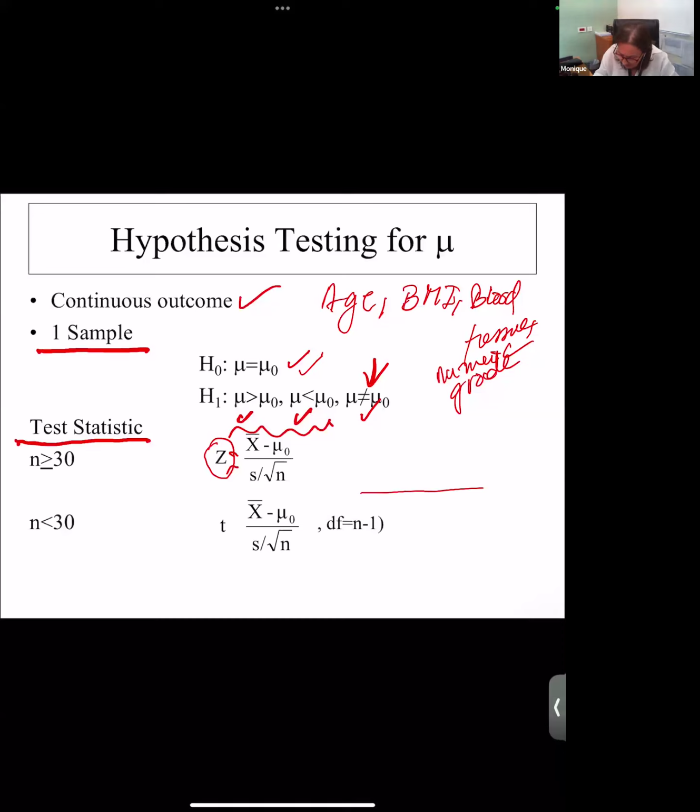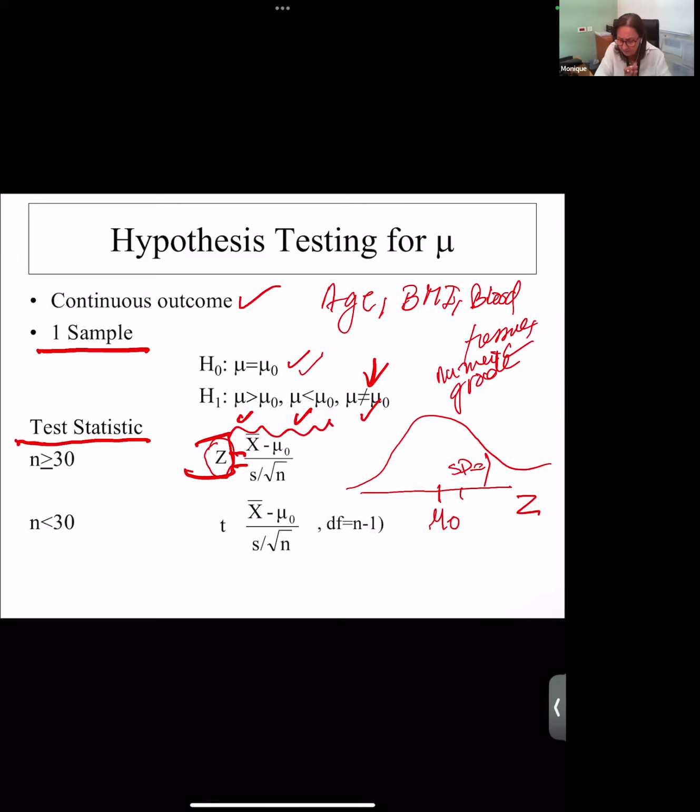Remember, Z has a mu of 0. This is the Z distribution with standard deviation equal to 1. So anything that you get, you convert it into Z, and Z is X bar minus mu over the standard error of X bar.